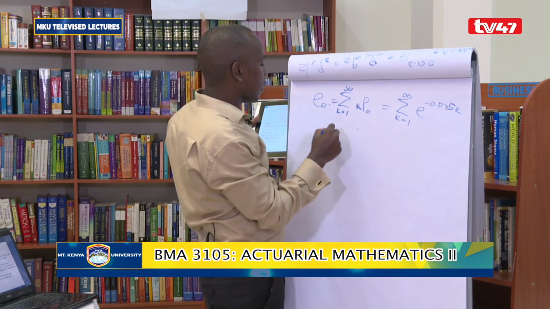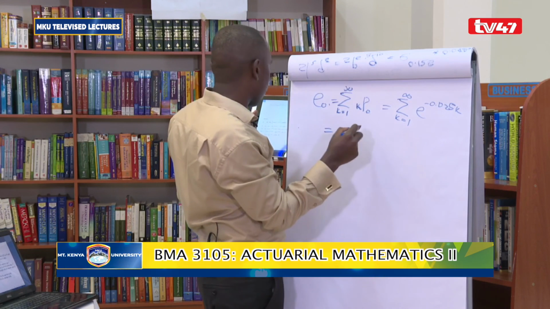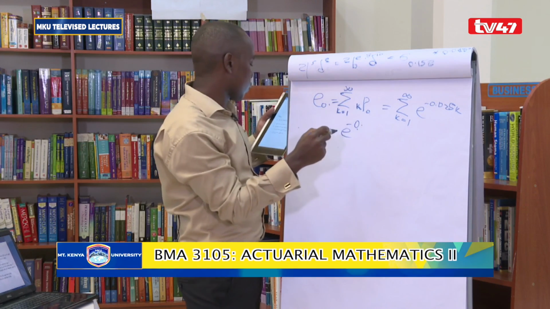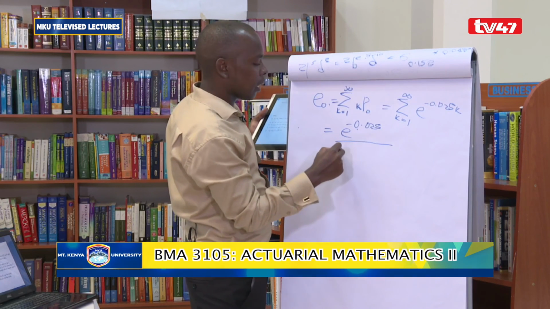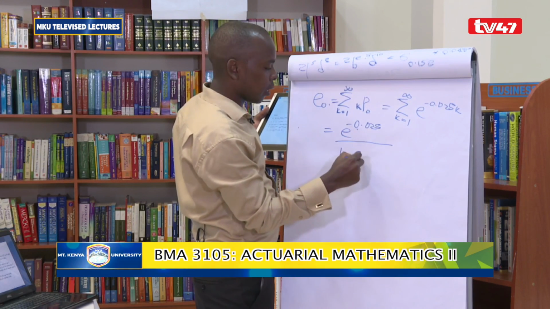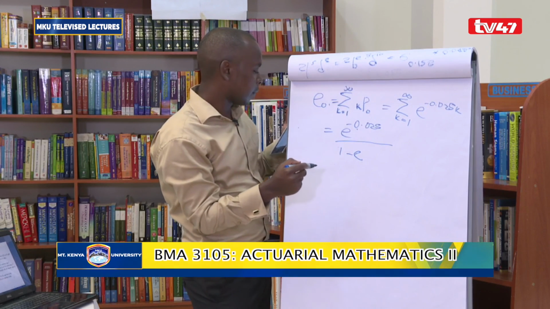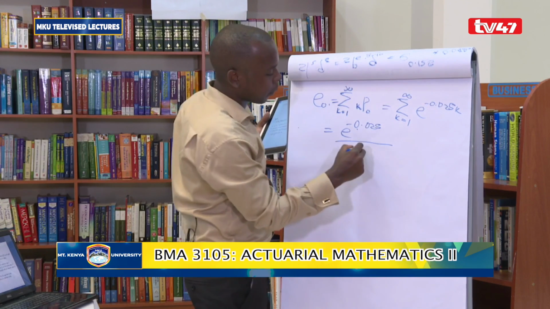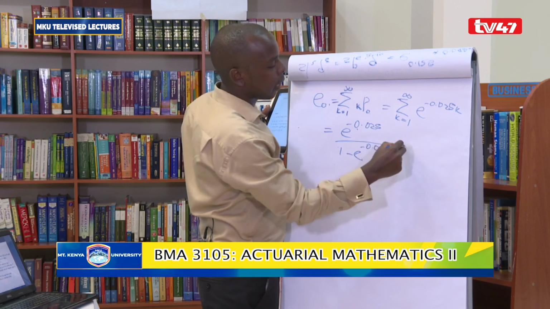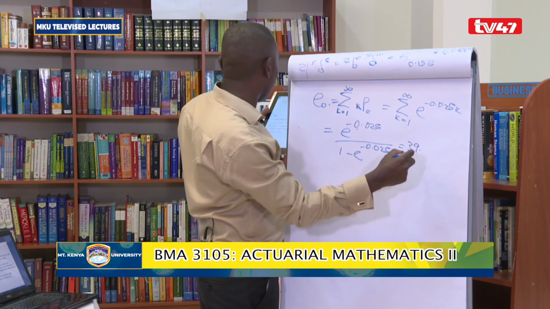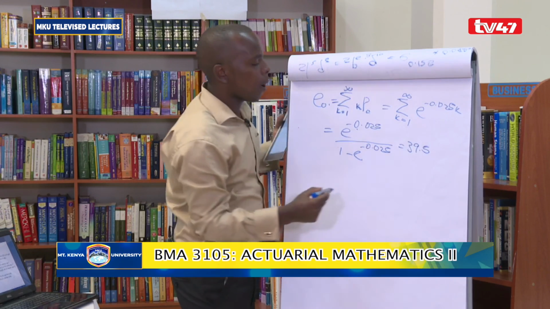So the summation to infinity of that series will be e to the negative 0.025 in the numerator, over 1 minus e to the negative 0.025 in the denominator, and this is giving us 39.5.